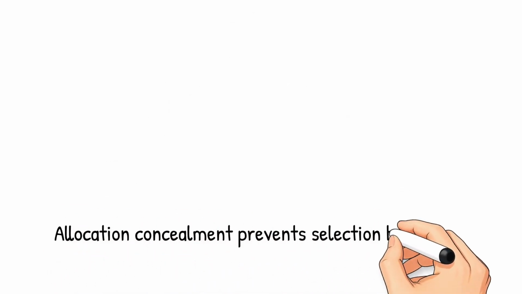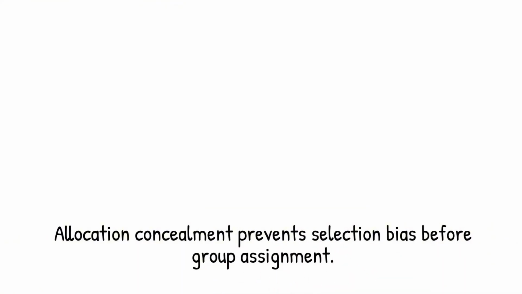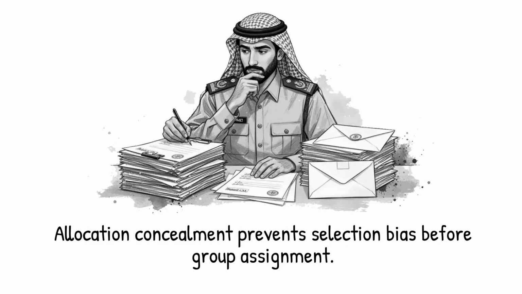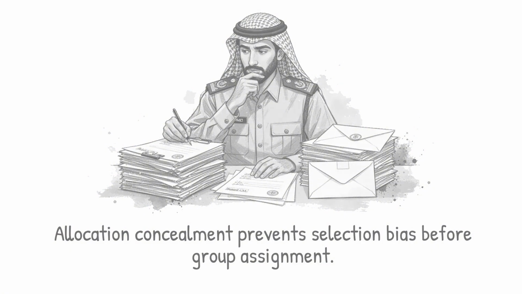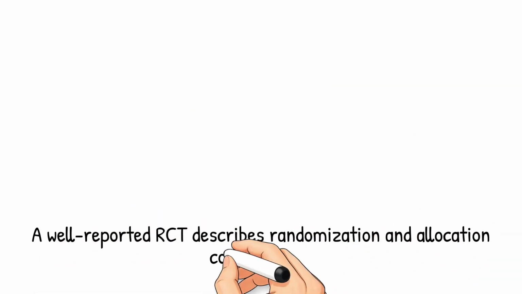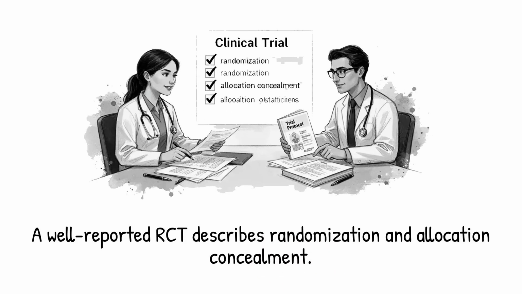Because if the clinician knows the next patient will receive the experimental treatment, they may unconsciously choose a patient who is more likely to do well. Allocation concealment prevents this kind of selection bias before it begins. A well-reported RCT should describe both how patients were randomized and whether allocation was concealed from the person enrolling them.